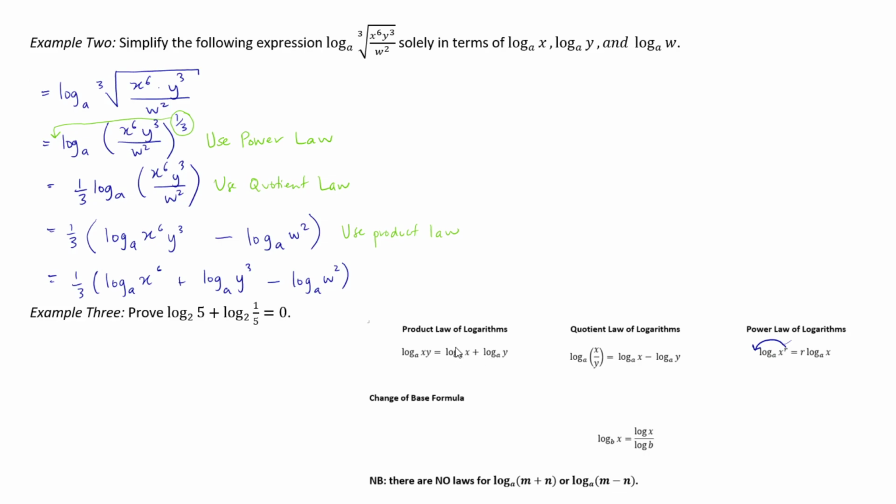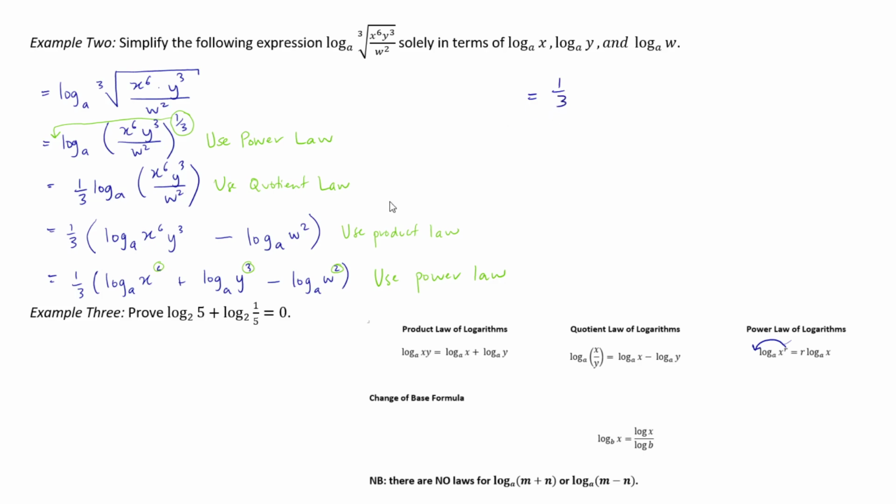Now, what you may see again is that we have exponents on all these numbers, 6, 3, and 2. Inside the brackets, I have those exponents. So you may be thinking to yourself, can I use the power law again? Absolutely. So we'll use the power law. On an assessment, you definitely don't need to write which law you're using. I'm just doing it to help you see how we're going about this, so you're not missing any steps.